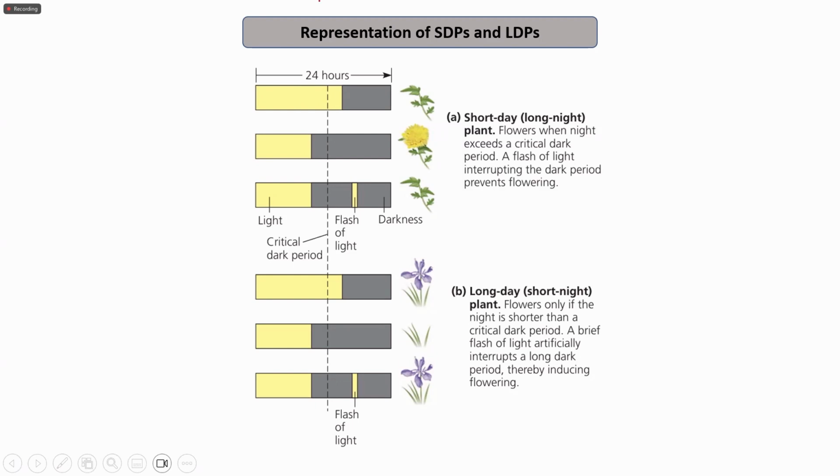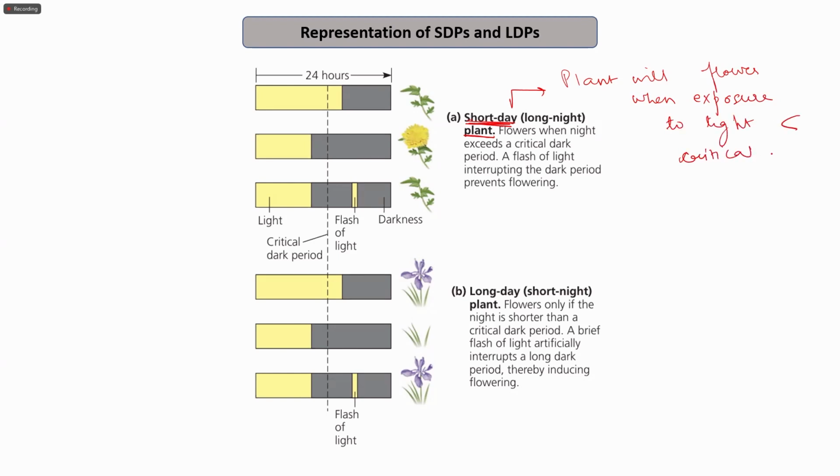We know that in the short day plants, the plant will flower when exposure to light is less than the critical light period. So you can see here that in this case, the plant will not flower.